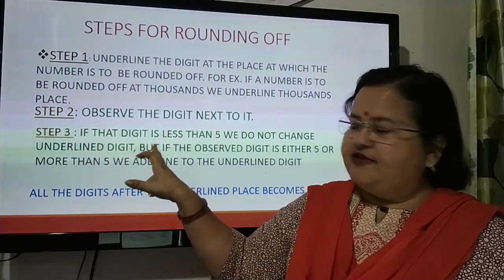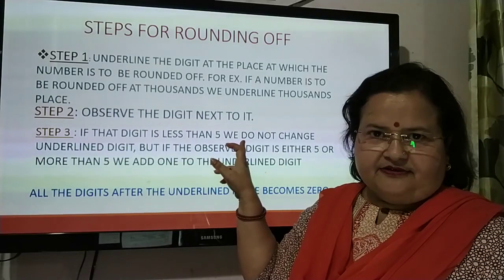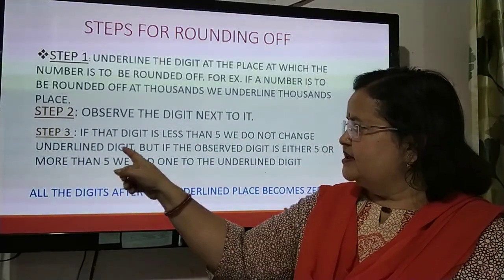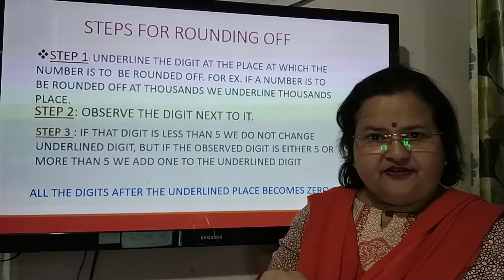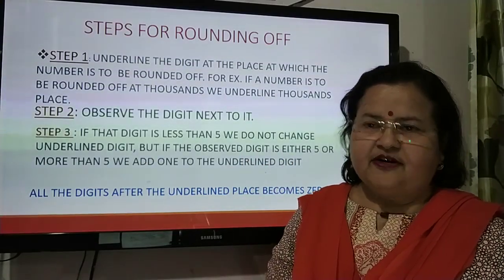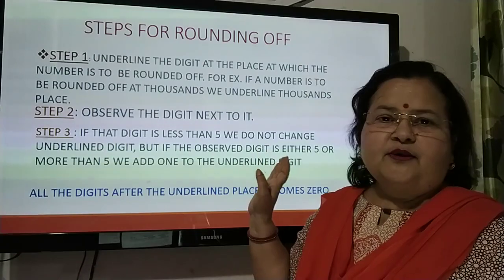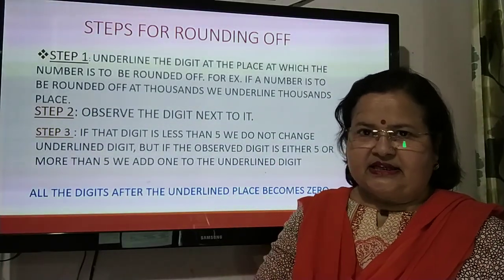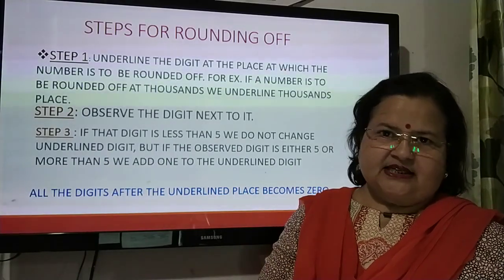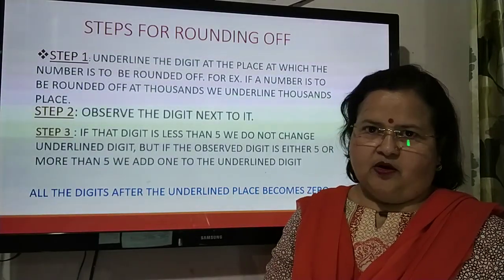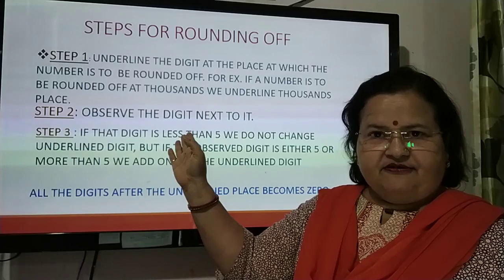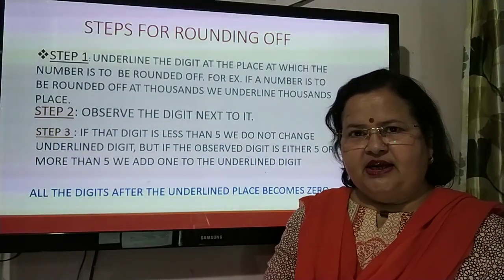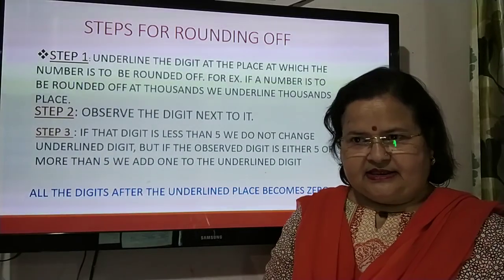This says if that digit is less than 5, we do not change the underlined place. But if this digit is either 5 or more than 5, we are going to add 1 to the underlined digit. If the underlined digit is 7, it will become 8. If it is 6, it will become 7, and so on. But if it is less than 5, whatever is the underlined digit, if it is 3, it will remain 3. If it is 9, it will remain 9.